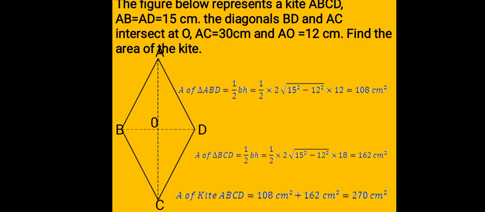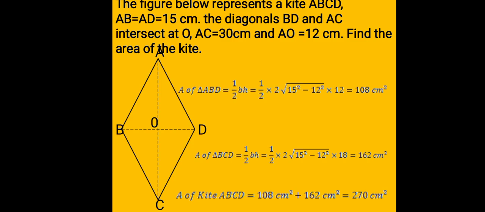A half multiplied by the base. The base will be 2 into the square root of 15 squared minus 12 squared.